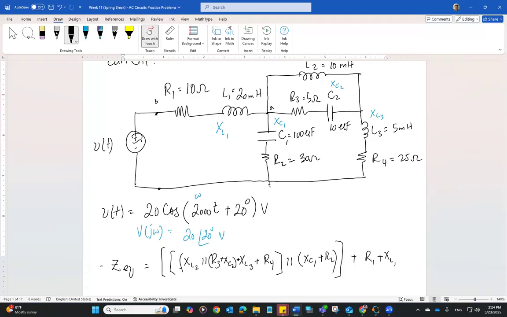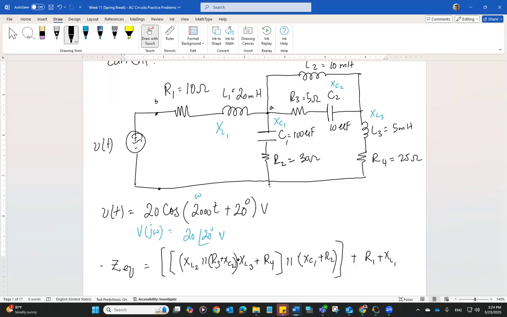So there's going to be another parentheses over here. That's going to be in series with XL3 and R4. And then that combination is going to be in parallel with XC1, which is in series with R2. And then everything is going to be in series with R1 and XL1. So I fixed that. I forgot this XC2 over here, but the combination of R3 and XC2 will be in parallel with XL2, which is shown over here.